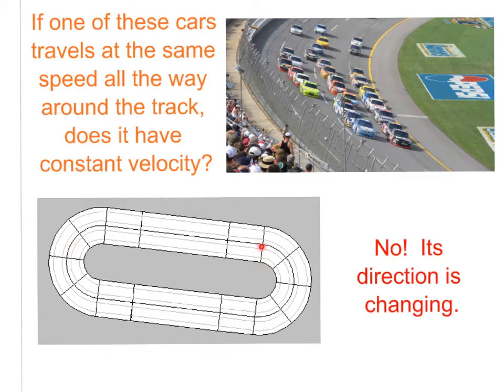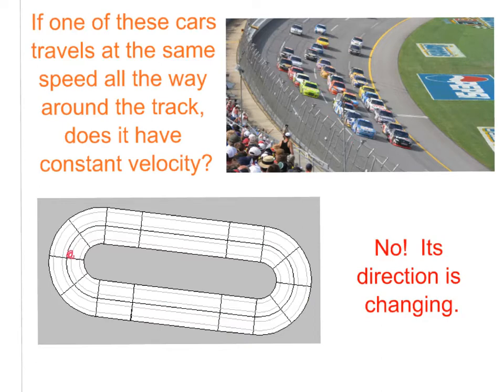It might have constant velocity right here along this portion, but here it does not. Its velocity is changing because its direction is changing. As a matter of fact, the speedometer on that car is telling the driver its speed, not its velocity. Otherwise, we'd call it a velocitometer.